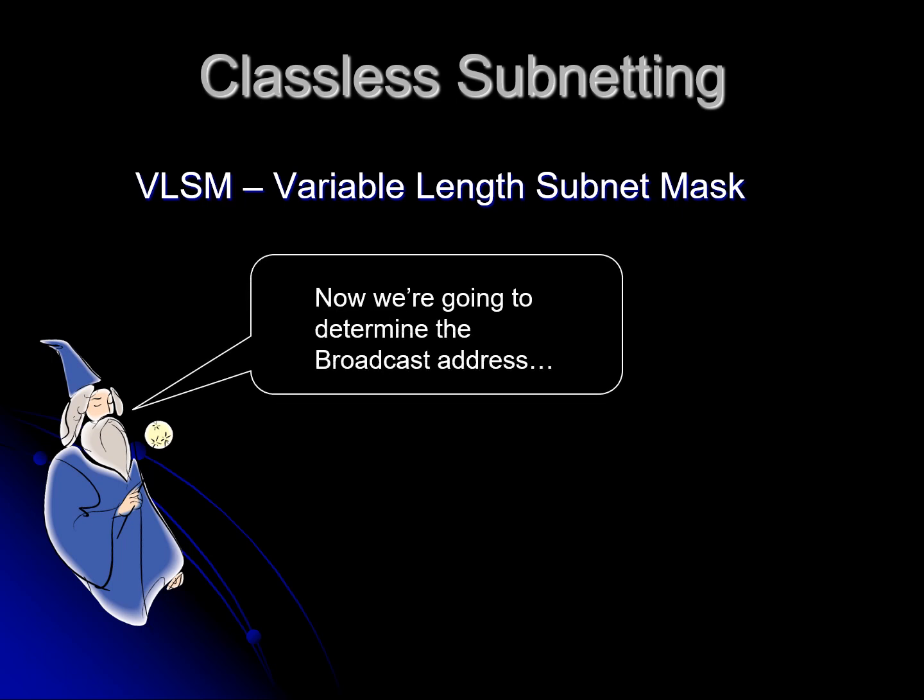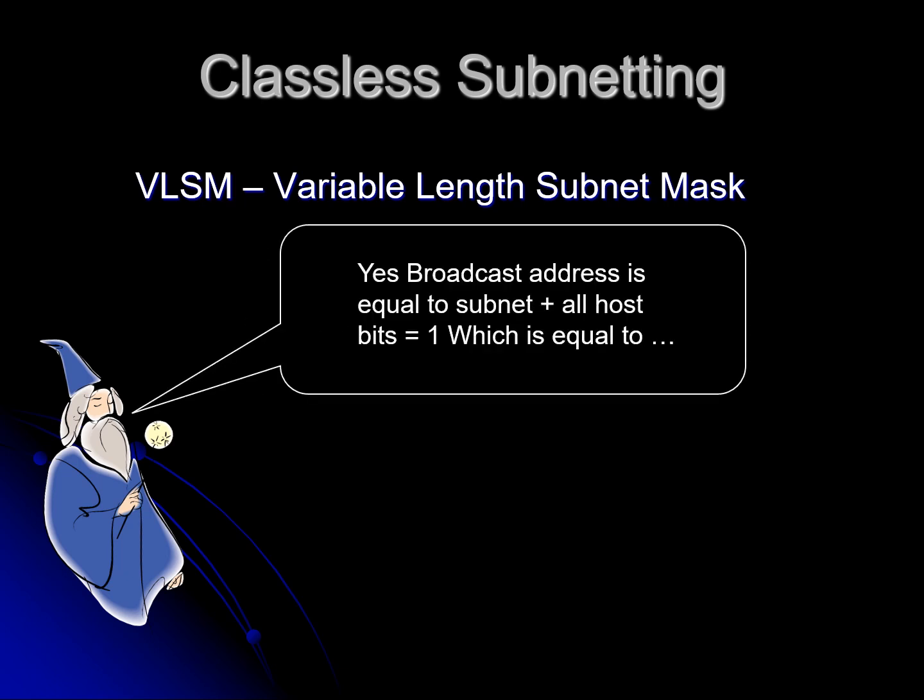So we're going to determine the broadcast address. So far you've done the network address, the subnet address, and the first and last host addresses, and we've determined our subnet mask. Now let's have a look at your broadcast address.